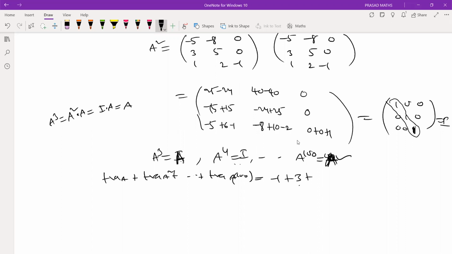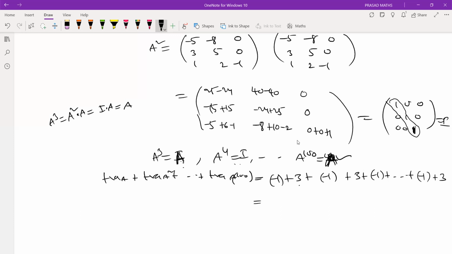Therefore, this is 3. What is A cube? A cube is nothing but A. Therefore, you are going to get -1. What is A power 4? 3. What is A power 5? -1. Going on, what is A power 99? -1. What is A power 100? 3. So how many of these? How many -1s? Exactly half.